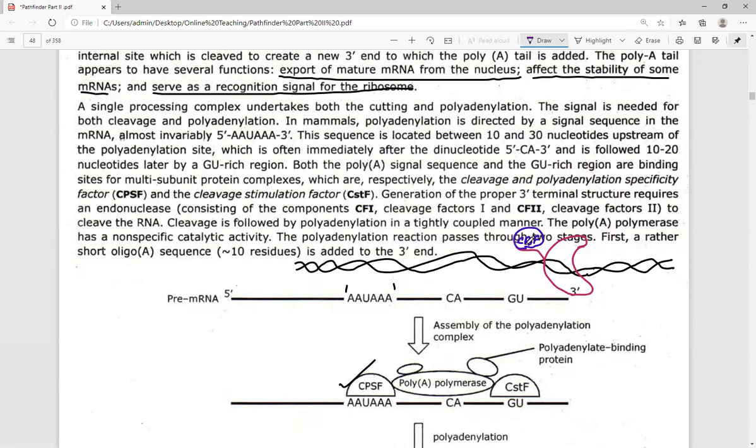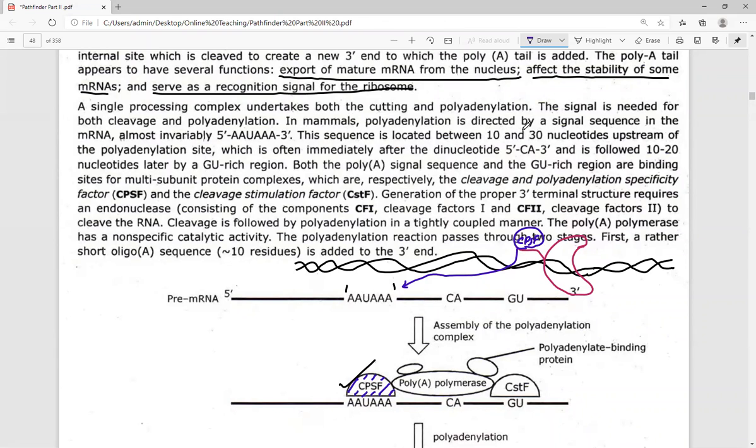Now, what is going to happen? The CPSF is going to be transported to this particular site, the site where the CPSF has moved. And CPSF will bind to this particular sequence, which is referred to as the poly A signal sequence.